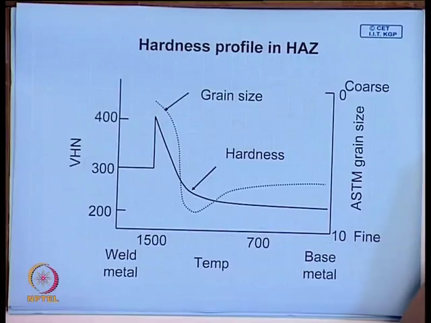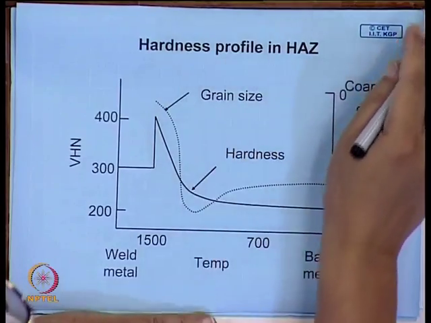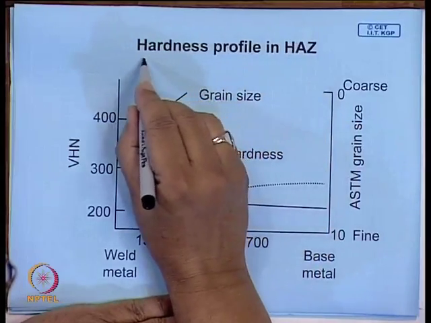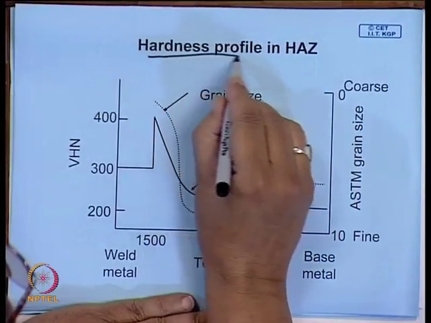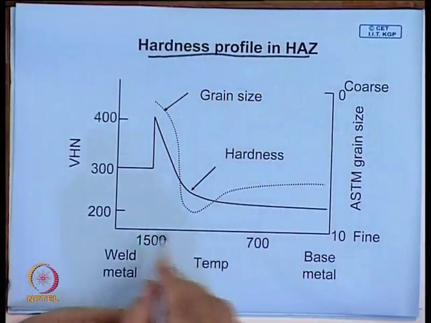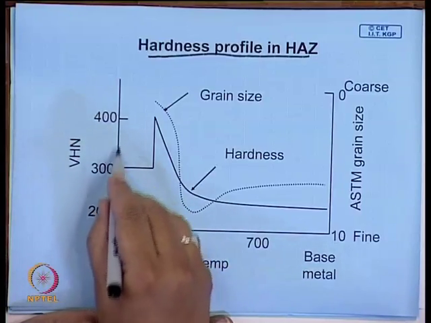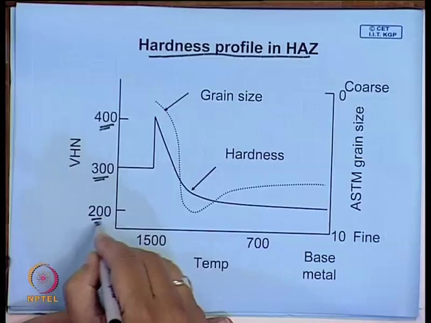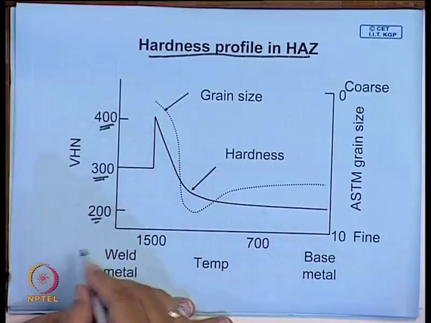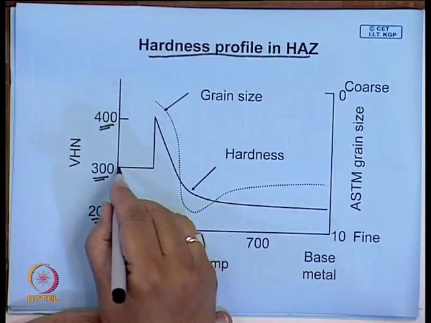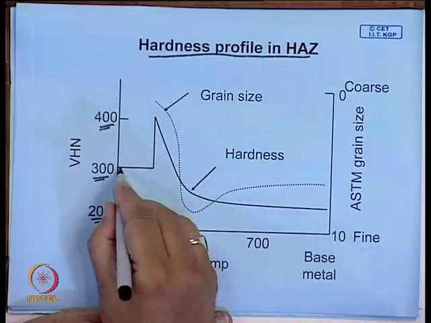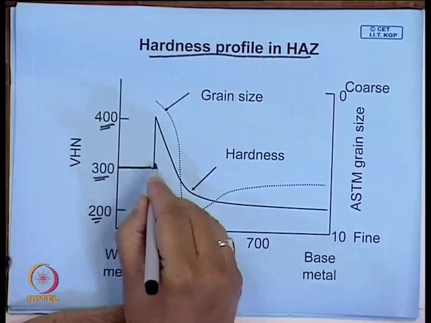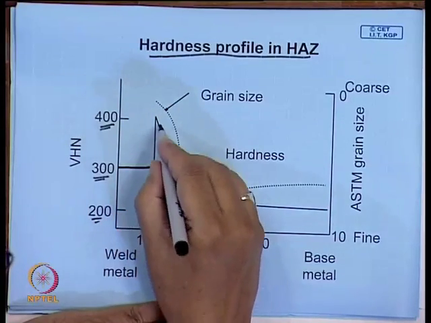Now, if you look at this hardness profile and make a plot in the heat affected zone, hardness is usually reported in Vickers hardness number. Depending on the carbon content, suppose it is a medium carbon steel, let us look at that heat affected zone.